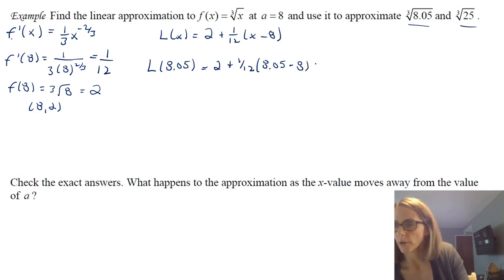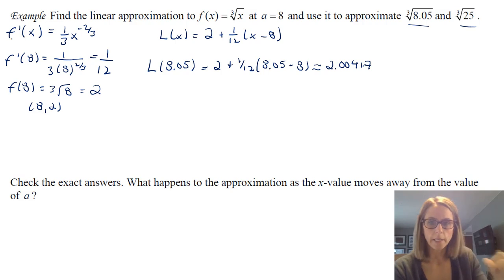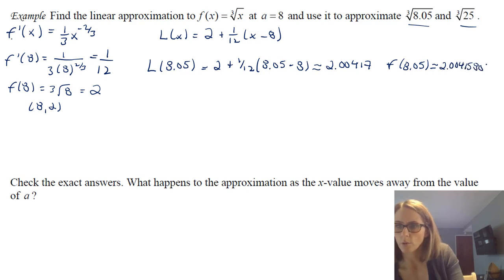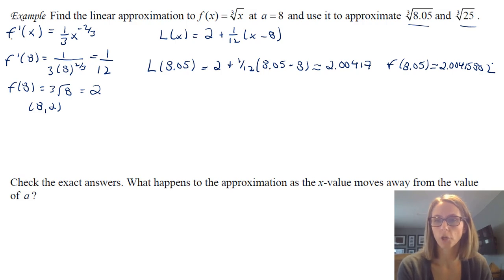And we can put that into our calculator, and that's going to give us about 2.00417. Now, the idea here is to see that that should be very similar to f of 8.05. And if you put that into your function, you're going to get about 2.00415802. And you can check, make sure you can get that.